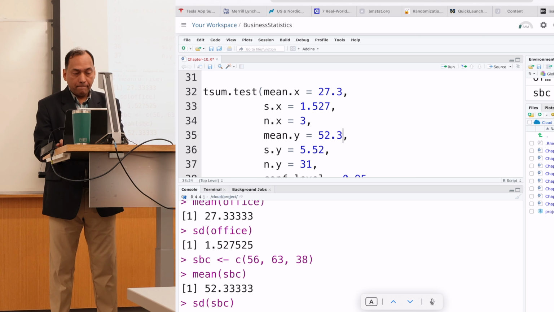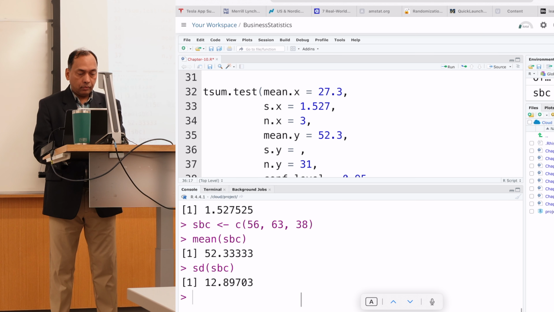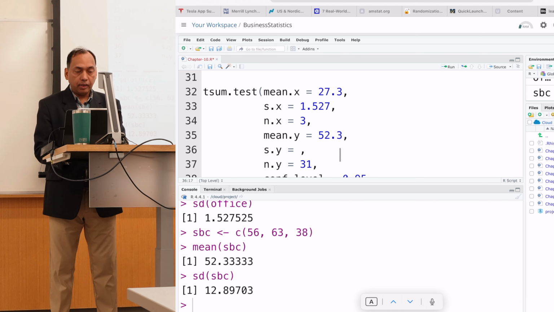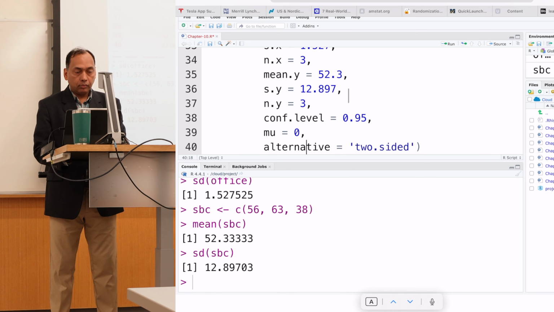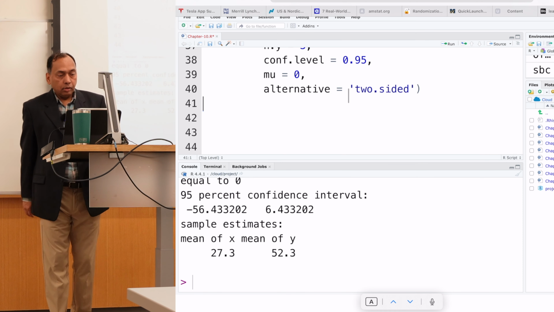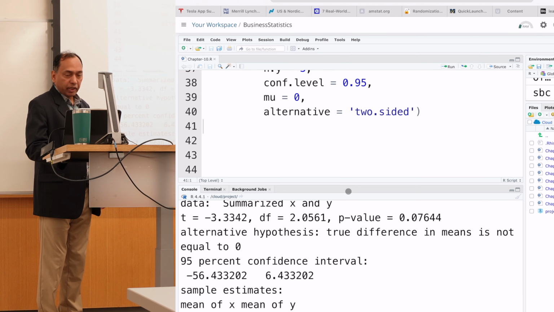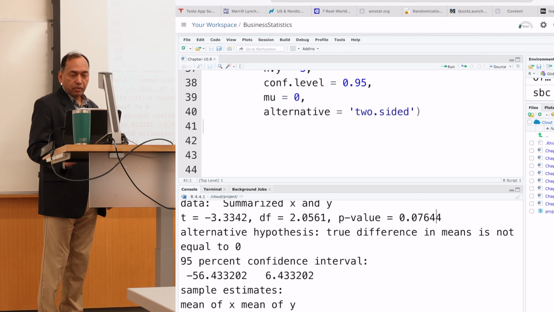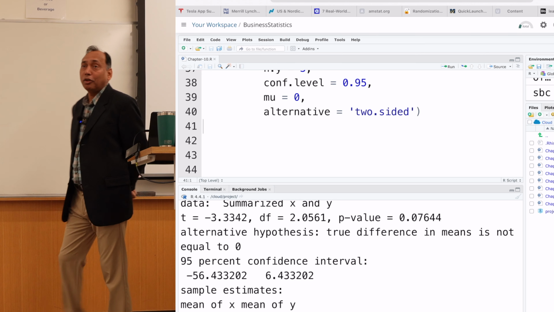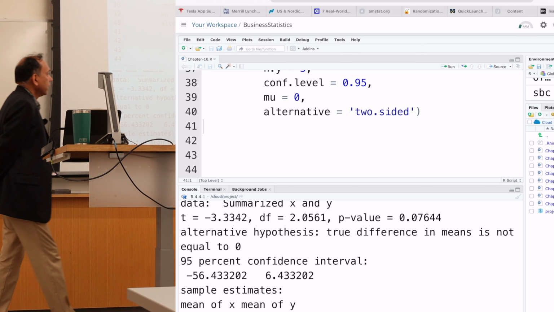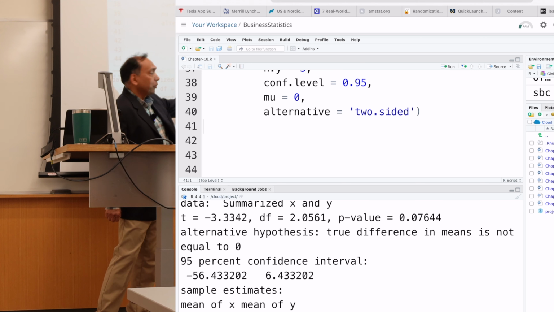For the other, x̄ is 52.3, standard deviation 12.897, sample size was 3. So in this case, the p-value came to 0.076. So with 95%, we cannot actually reject because the p-value is not less than 0.05.